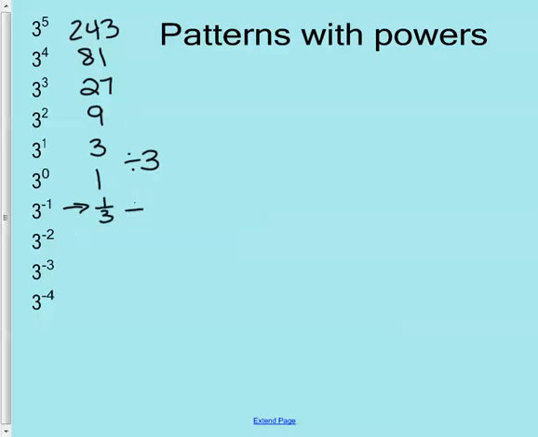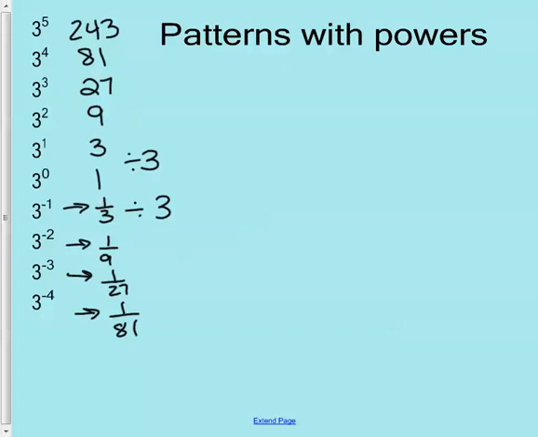Awesome. What's 1/3 divided by 3? 1/9. What's 1/9 divided by 3? 1/27. If you look at this repeating pattern, anytime you have a negative exponent, it's the same power but over 1.